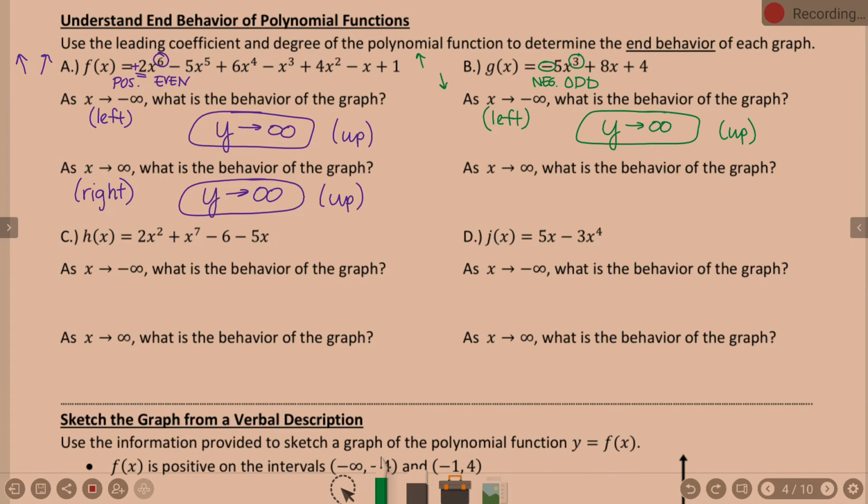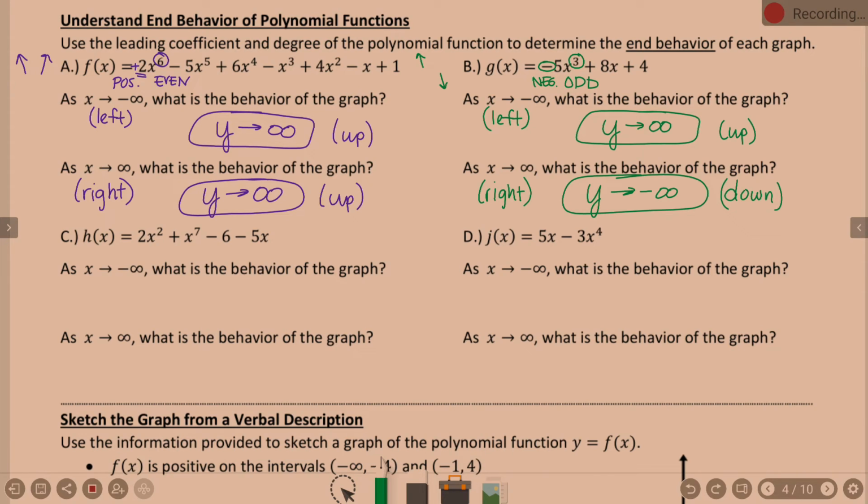As your graph goes to the right, what is it doing? It's going down, which is what? Negative infinity. Y approaches negative infinity. So that is the fancy way for answering down. Are we catching on? I'm trying to make it easy to understand.